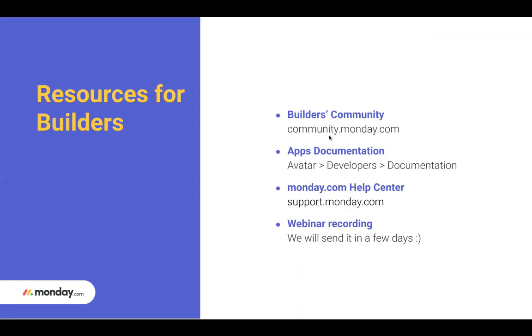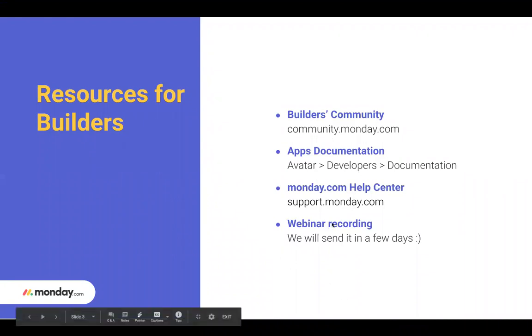So not only can you ask questions about using our apps framework and our developer tools, but you can also browse the community to understand the different use cases that other monday.com users have. This is especially relevant to you if you're trying to build an app for public use that you want to feature on our marketplace.